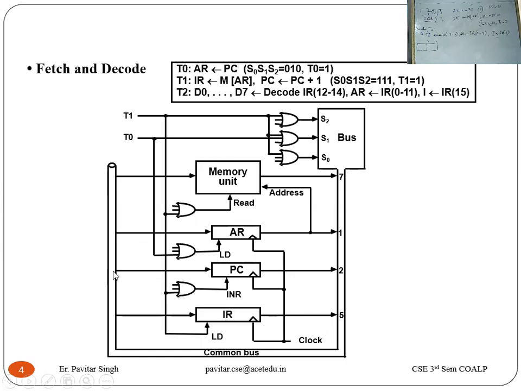IR will read the data from the common bus by enabling the load input. And after that, the value of PC will be incremented by 1 so that the next address will be loaded to the AR, right? So this is the diagram which constitutes the fetch and decode phase.